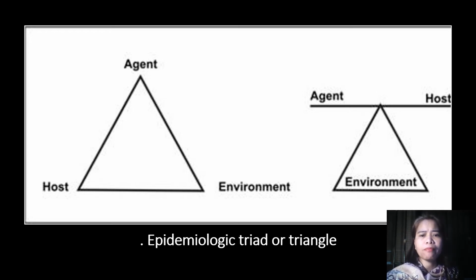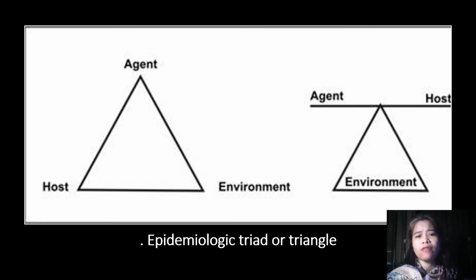The environment brings the host and agent together. In this model, disease results from interaction between agent and susceptible host in an environment that supports the agent from a source to that of the host.